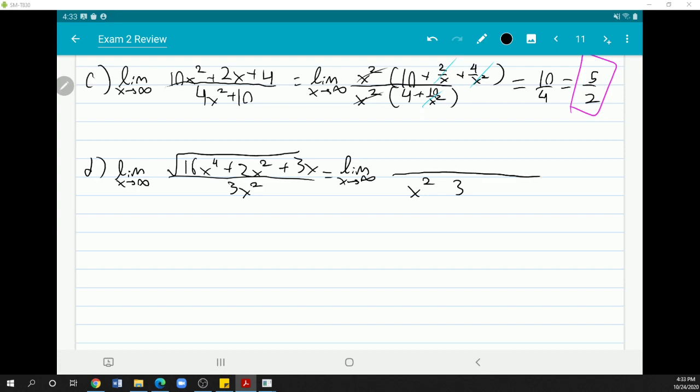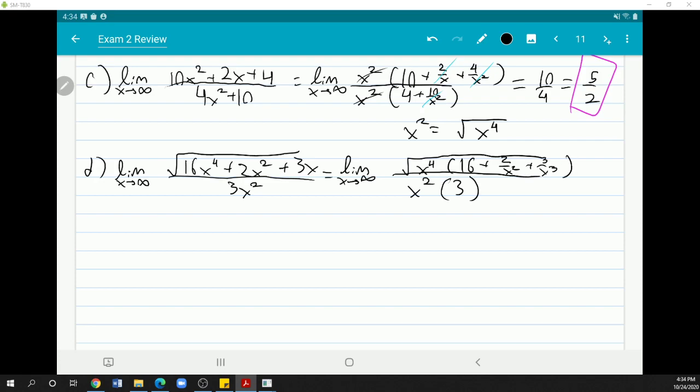I want to take an x squared, but it's under a square root. So the thing that I keep in mind is x squared is equal to the square root of x to the fourth. So put that under there. I can take out a square root of x to the fourth, same idea: 16 plus 2 over x squared plus 3 over x cubed. And then what was the denominator? 3x squared. Okay, that looked confusing.